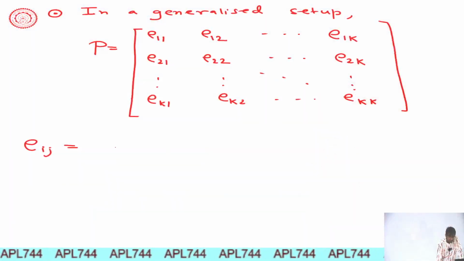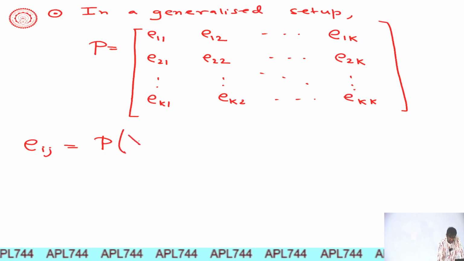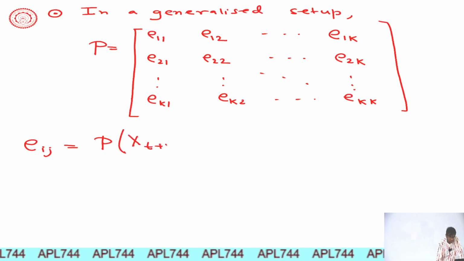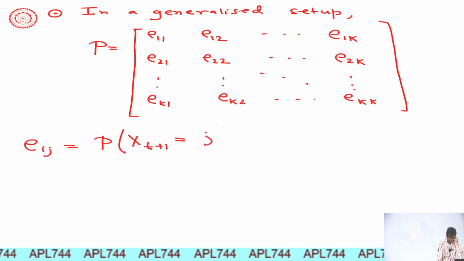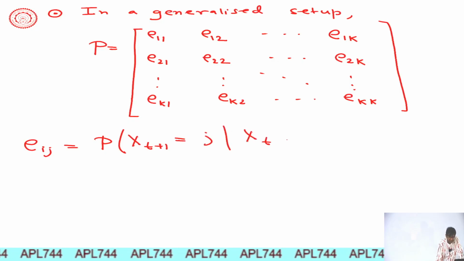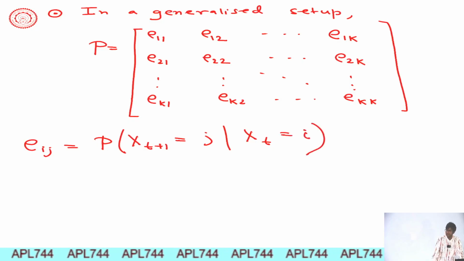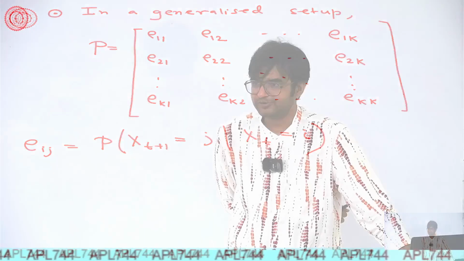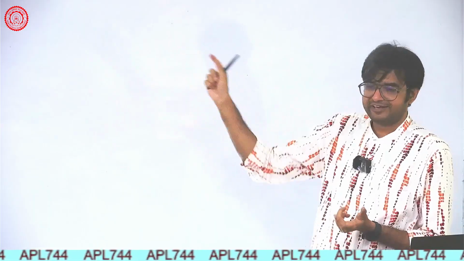It is the probability that at time t plus 1 you are at the jth state, given that you were at the ith state at time t. So this is the probability of transitioning from i to j as you go from t to t plus 1, right? Clear? So this is your transition matrix in a generalized form.